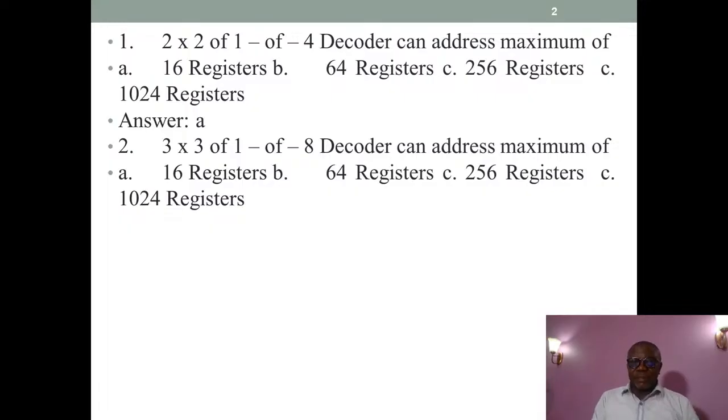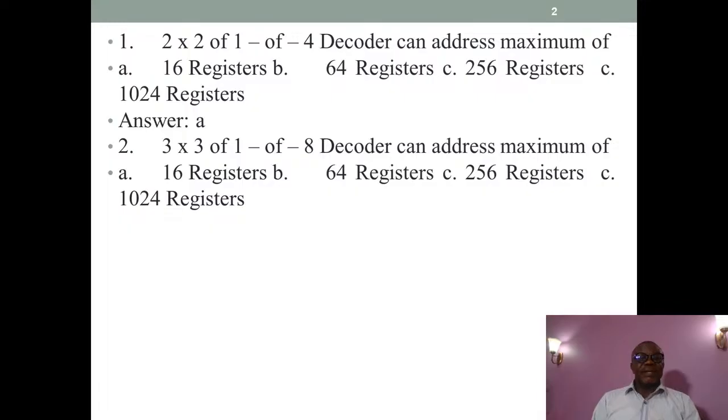That is 3 bits by 3 bits, which is, 3 bits in binary is a maximum of 8. That is from 000 to 111. 000 is 0, 111 is 7. So 0 inclusive to 7 means 8. That is the meaning of this 3x3.